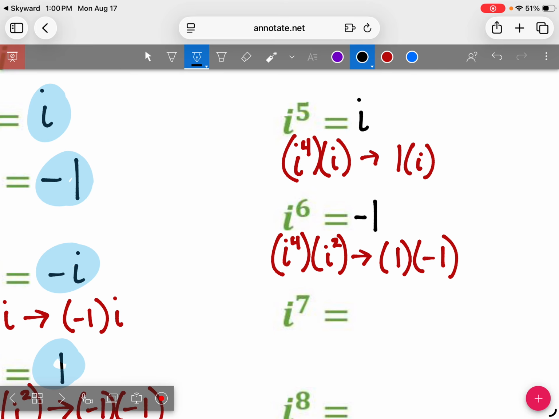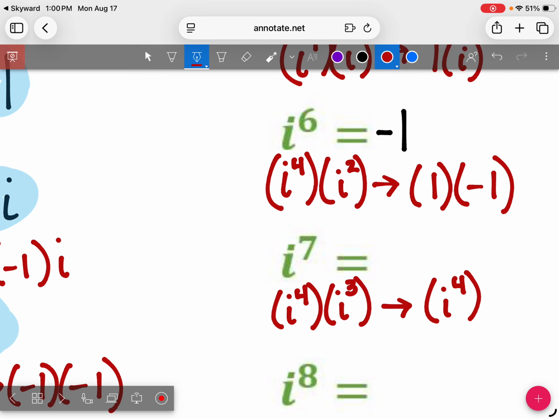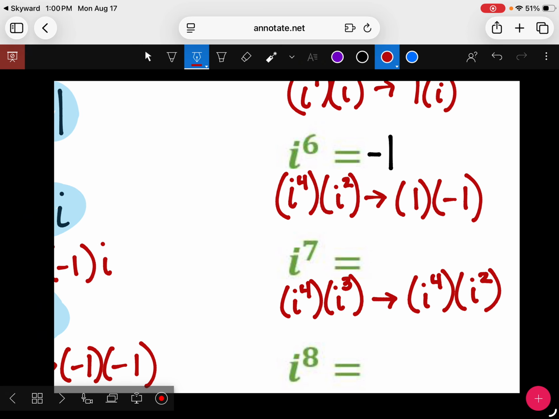So i to the power of 7, I'm going to break that down into i to the 4th times i to the 3rd. Now I'm going to break that down one more time, to i to the 4th, and instead of i to the 3rd, I'll use i squared times i.